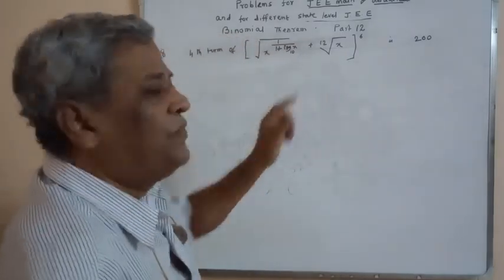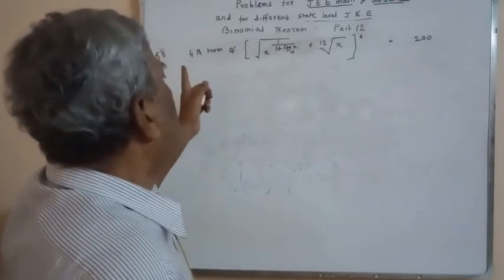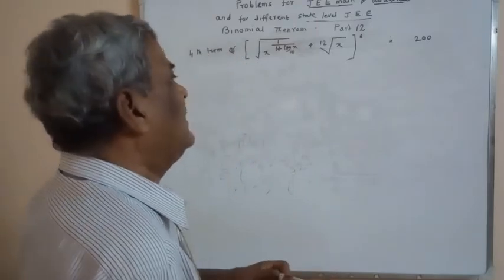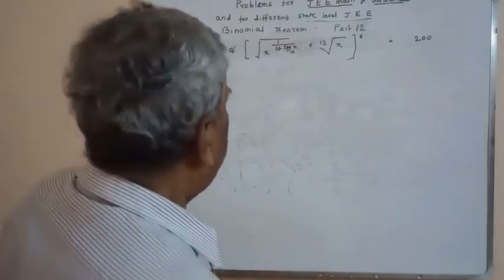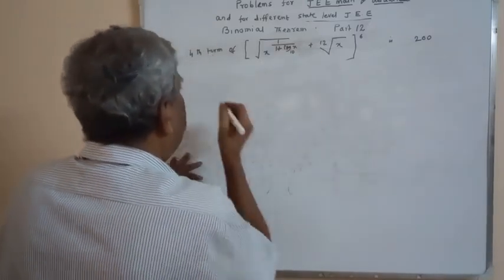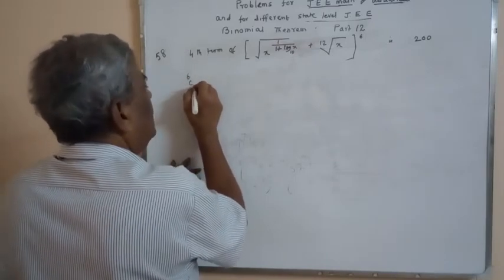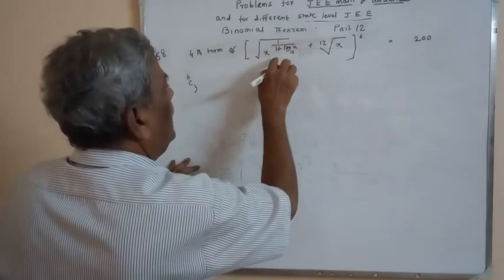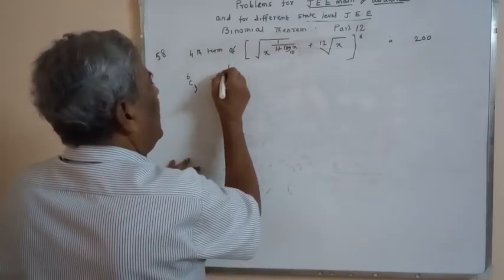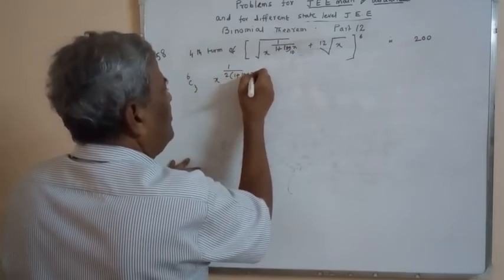One binomial is given, a complicated one, but it is a binomial. Its fourth term is given, it is 200. Then to find x. So as per the condition, the fourth term of that is 6C3 into the first term, that is x to the power 1 by 2 into 1 plus log x base 10.